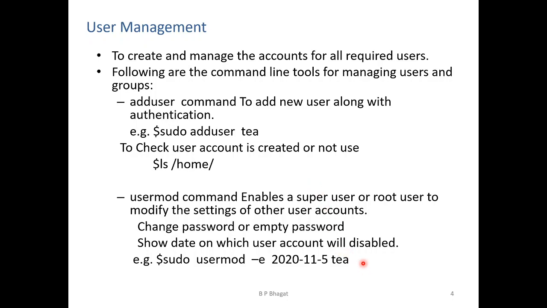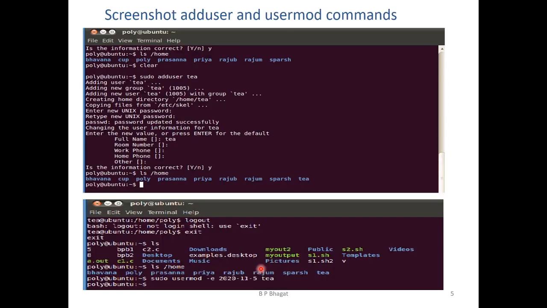Here is the example. Say we want to disable the account of user T on 5th of November 2020. We have the command sudo usermod -e 2020-11-5 T. Here -e is used to denote the expiry date of the user.